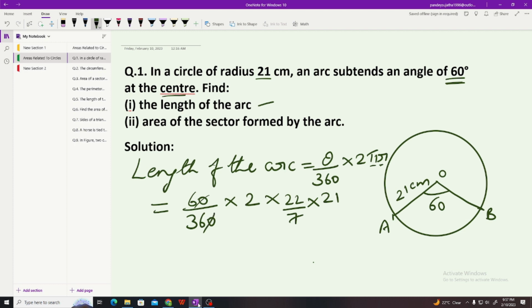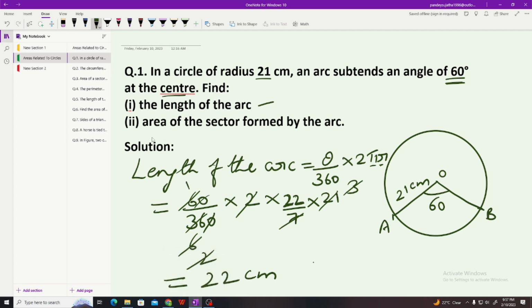Cancel it. Hope you all know how to cancel the terms. So we are left with 22. So the length of the arc is 22 centimeter. Hope the first part is clear to all of you.